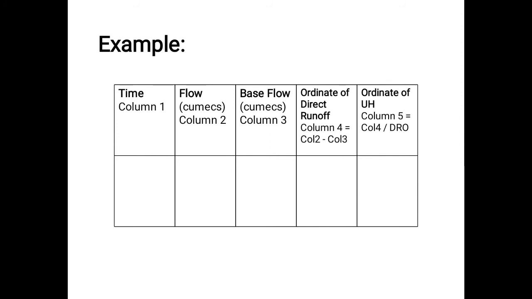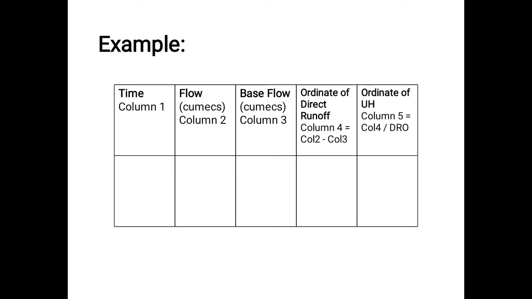To solve for the ordinate of direct runoff, we have to subtract column 3, which is the base flow, from column 2, which is flow. Then next is to solve for the DRO, using the formula above. DRO is also 0.36 times the summation of all ordinates times time over the area.